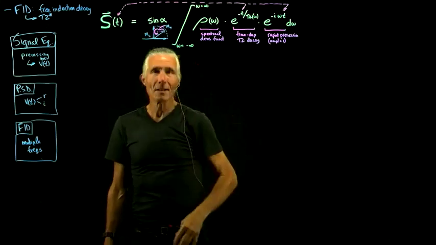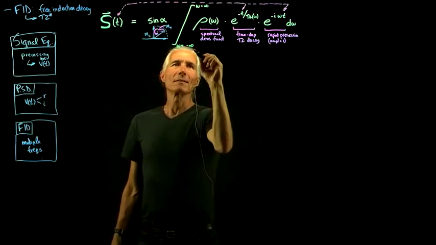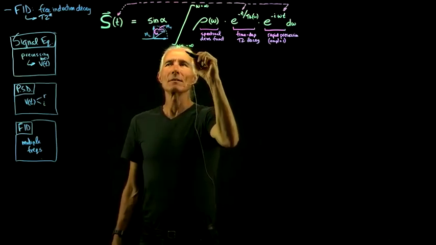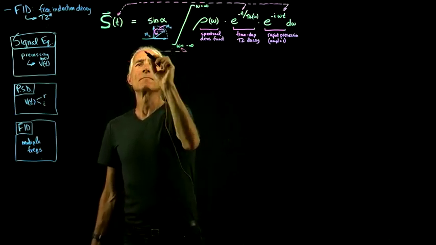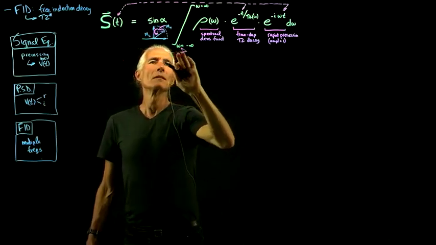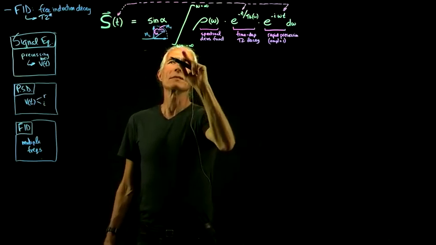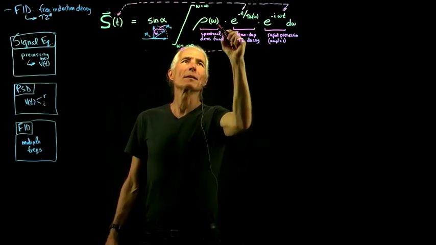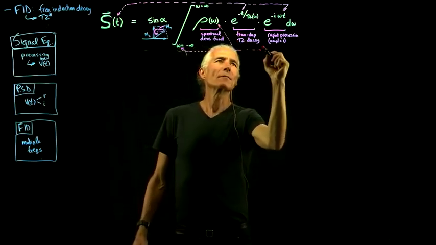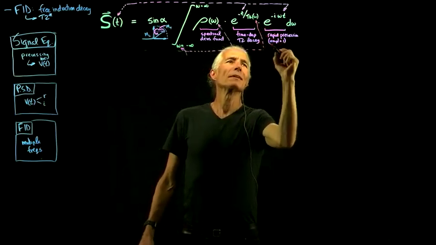And then what are you integrating across? So here, you're integrating across frequency. And so here's frequency there, and then you got frequency up there, and you got frequency here. We'll eventually throw that away.